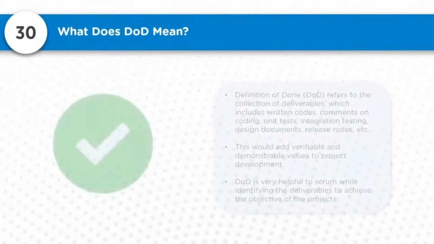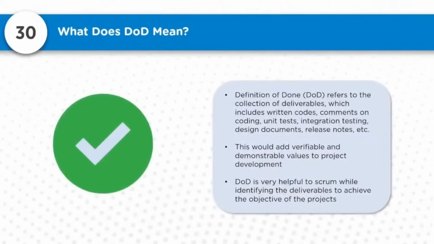Now question number 30, what does DOD mean? Definition of done, right? DOD refers to the collection of deliverables, which includes written code, comments on coding, unit tests, integration testing, design documents, release notes, etc. This would add valuable and demonstrable value to the project development.